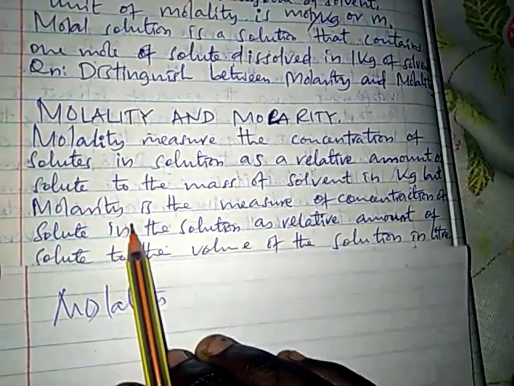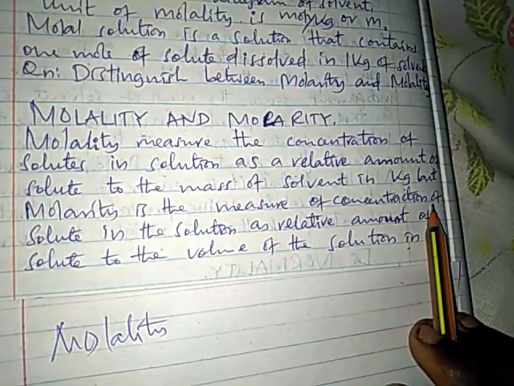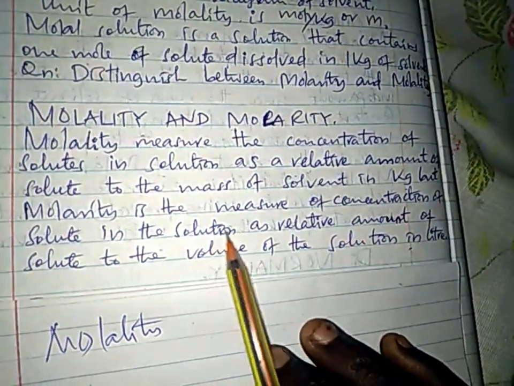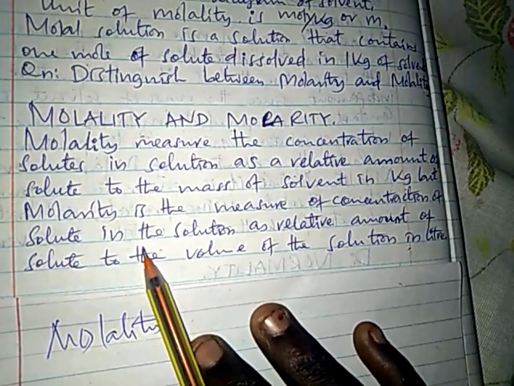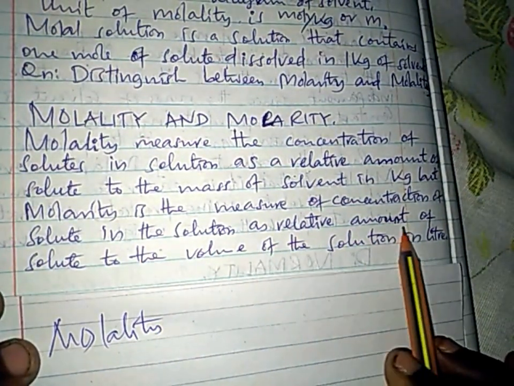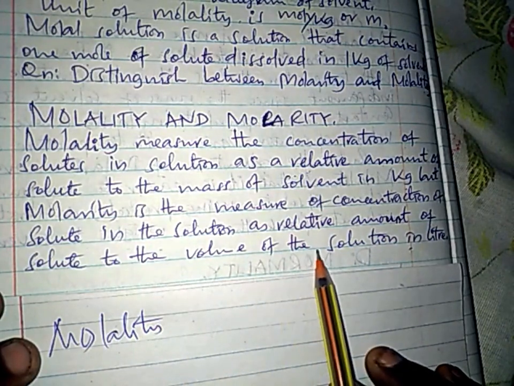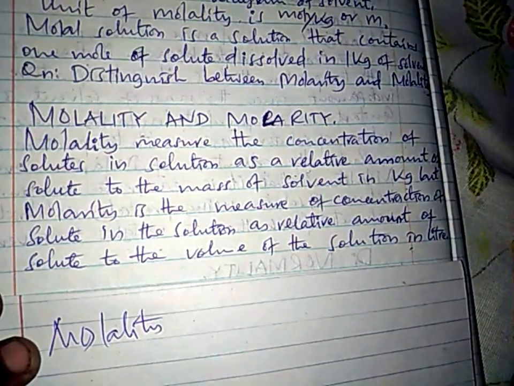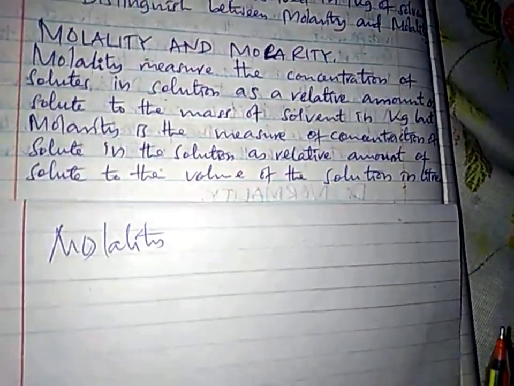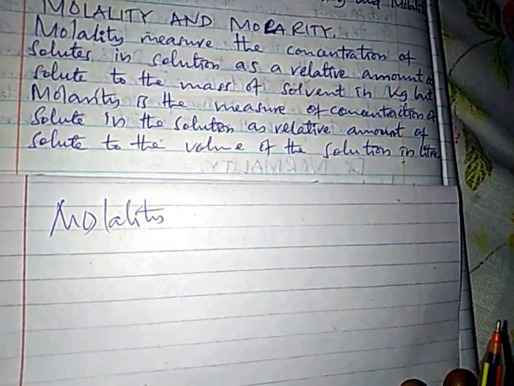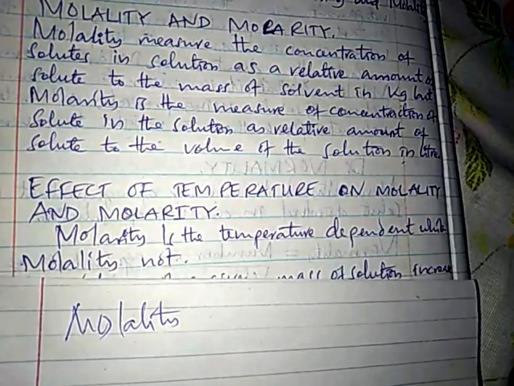But molarity is the measure of concentration of solute in a solution as the relative amount of solute to the volume of solution in liters. So one quantity relates to the mass, another quantity relates to the volume.